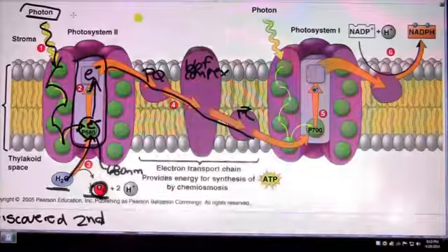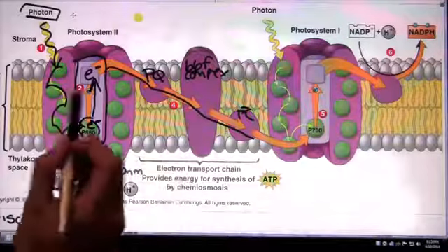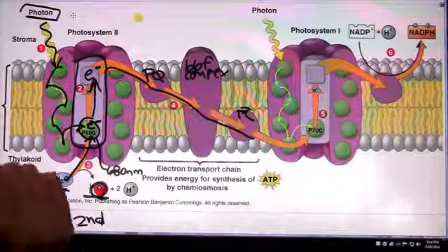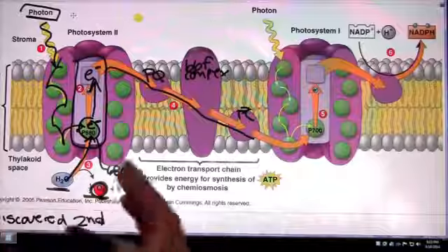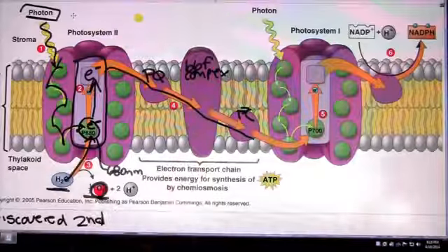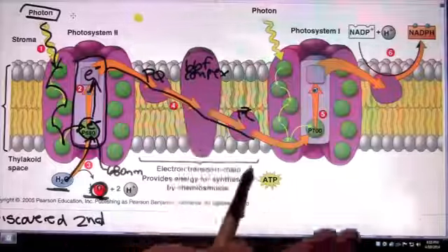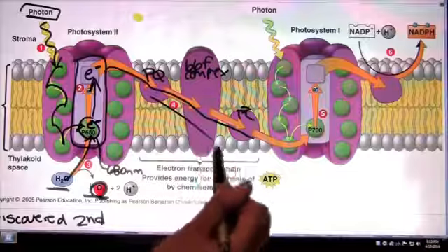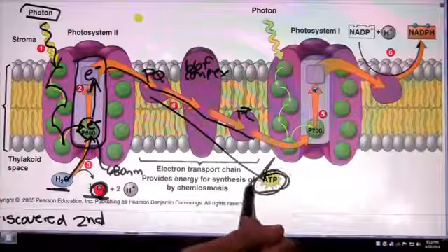As this electron travels down the electron transport chain, you'll notice that these arrows are pointed in a downward fashion. Basically what this means is that the energy state actually gets lower and lower as the electron travels from protein to protein. One of the things that happens during the electron transport chain is that this energy gets absorbed by ATP.